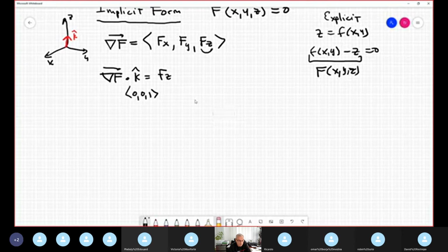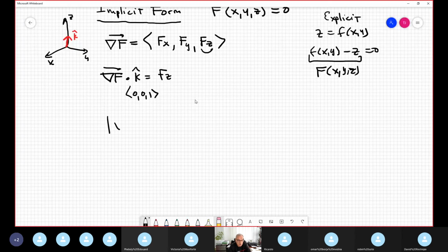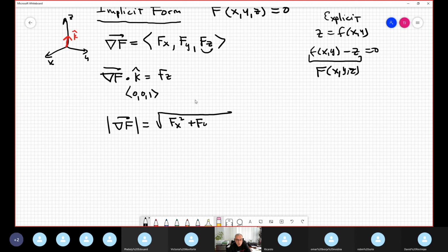The formula is, you take the magnitude of the gradient, the square root of Fx squared plus Fy squared plus Fz squared, and you divide by the component k, that is just Fz.